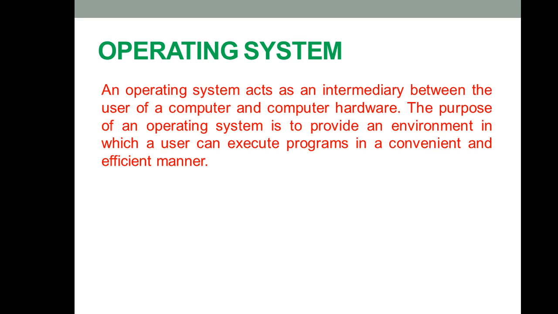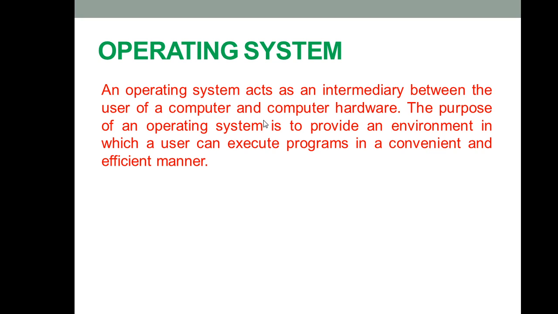If there is an operating system installed in your computer, only then will your computer boot, and it will ask you to enter the password which you have set to open it. After that, all the connected input and output devices will work. So this is possible only with the help of the operating system, right?